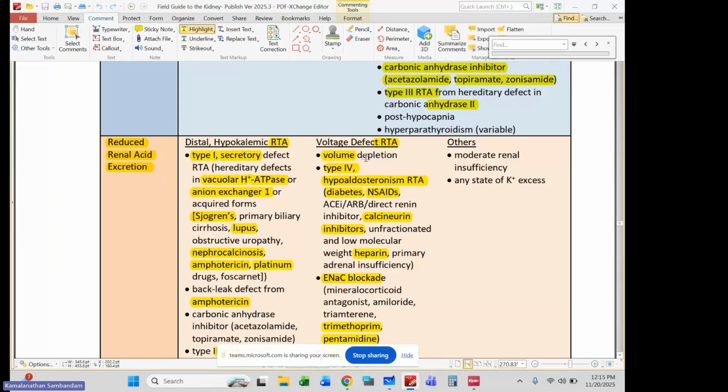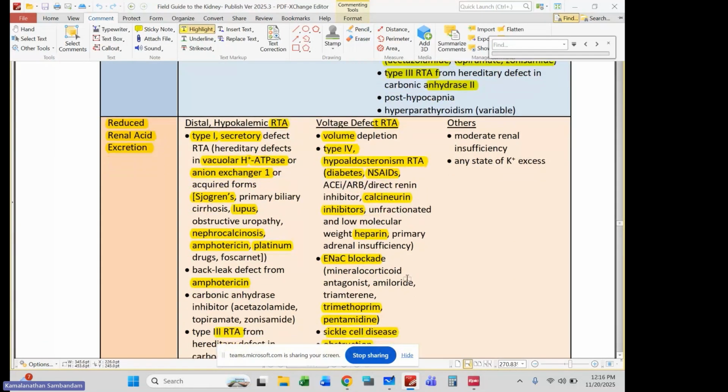If you deliver very little sodium to the distal nephron, you cannot generate that voltage, that negative voltage, for potassium secretion and proton secretion. So these are often patients that have concomitant hyperkalemia with their metabolic acidosis.